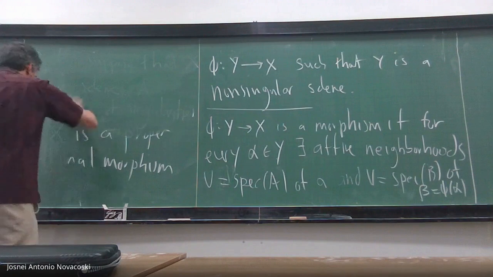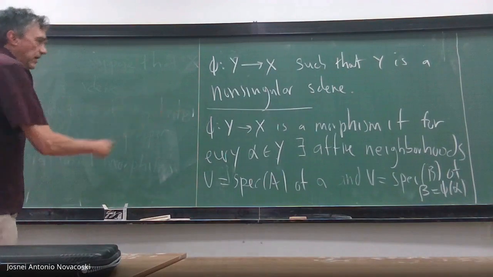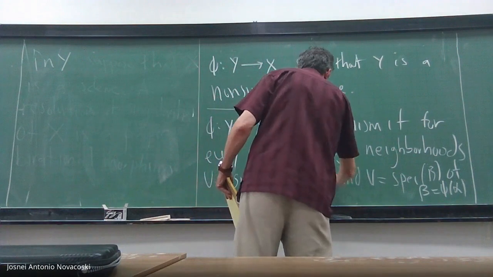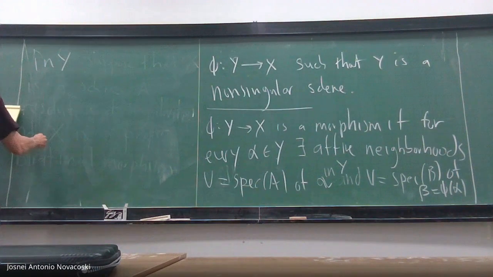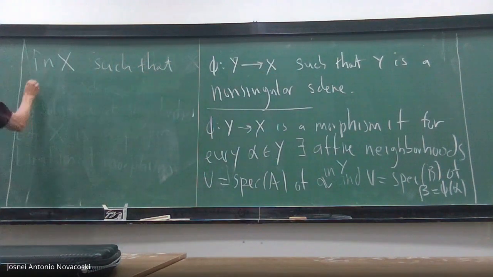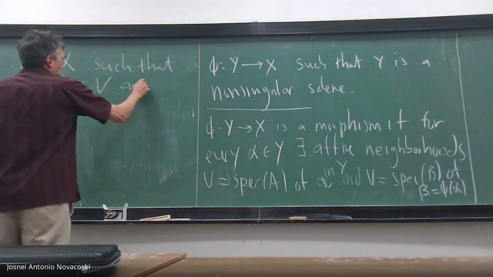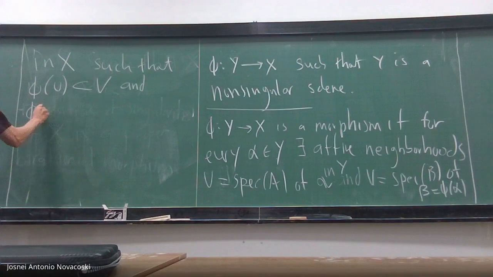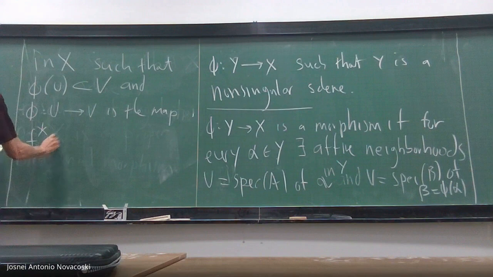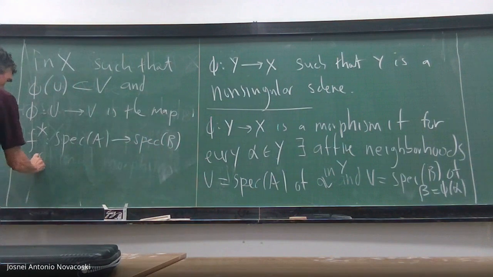Okay, and V of beta in X, a neighborhood U of alpha in Y, such that phi of U is contained in V, and phi from U to V is the map F sharp from spec of A to spec of B, which is F star.